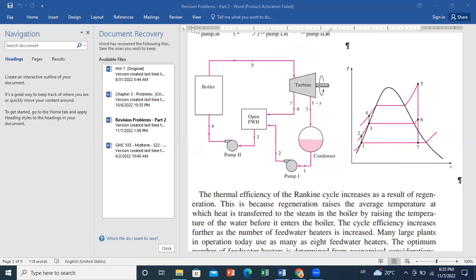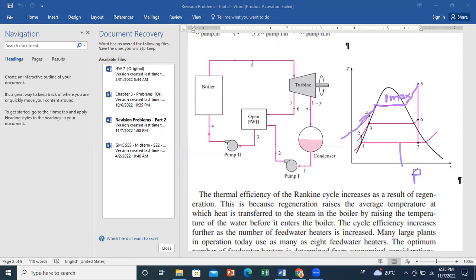Okay, so if I want to compare with the conventional cycle, this is the conventional cycle. This is P maximum, and this is P minimum.